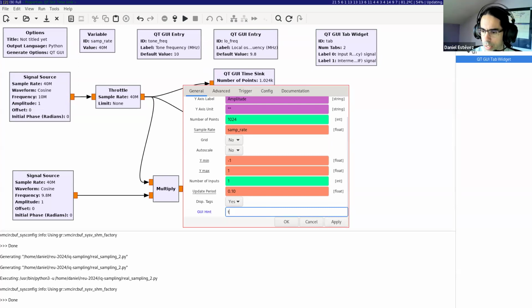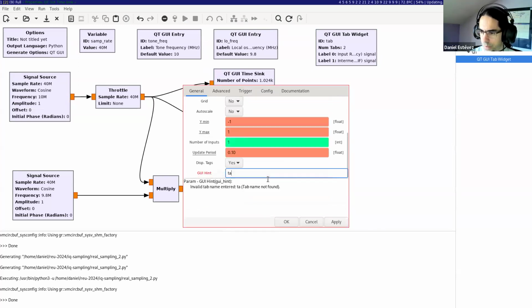And the way to do it is there is one field here at the end of the properties, which says GUI hint. This is used to select where each of the plots will go. If you don't enter any values here, GNU Radio automatically puts the plots in some position, which might not be the best.